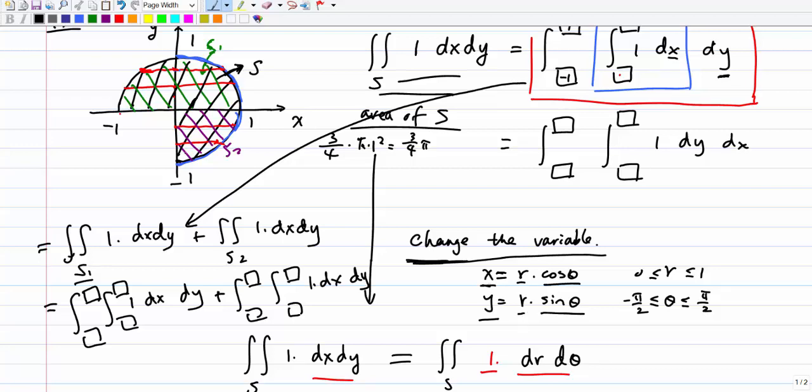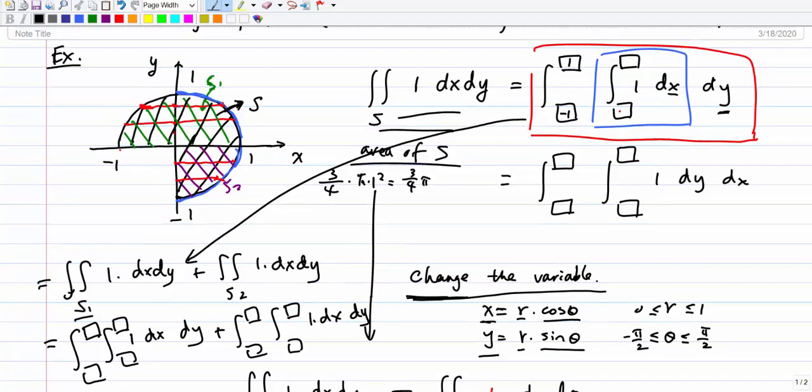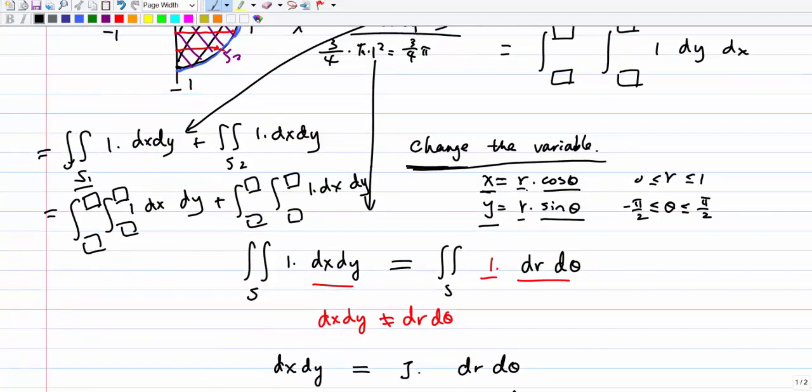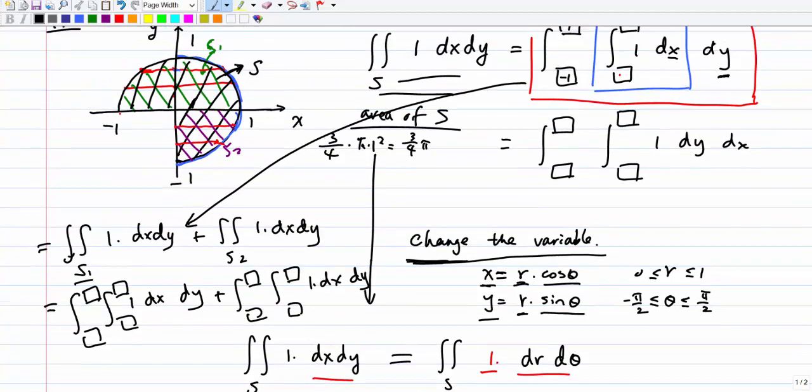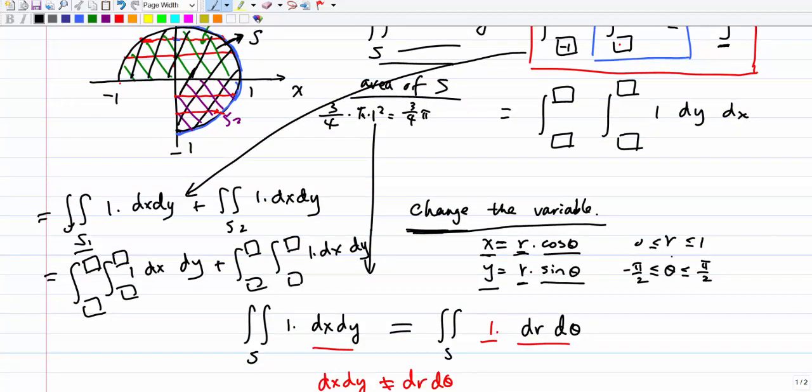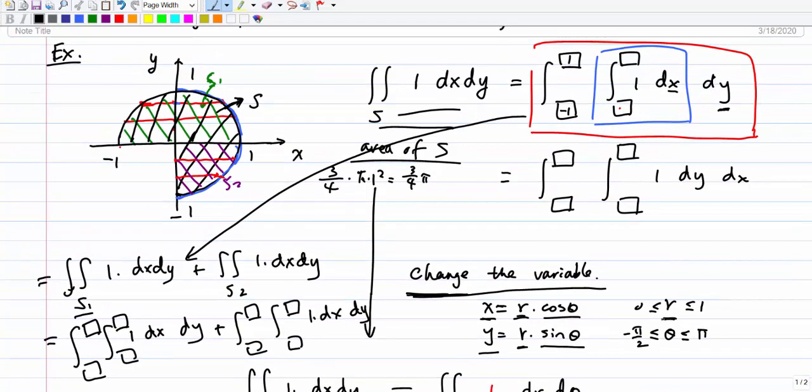For the entire area, it's very hard to specify lower bound and upper bound, especially for x, right? But if I do the change of variable, to represent this entire area S, all I need is to let r be within 0 and 1, and theta be within negative pi over 2 to pi. The reason is, if r is 1, the radius is 1, so you sweep from negative pi over 2 to pi.